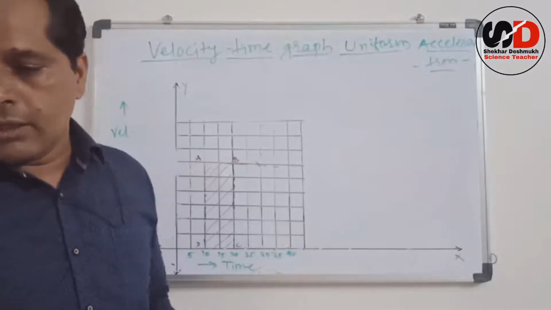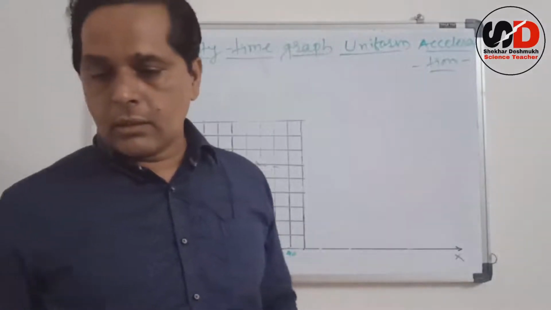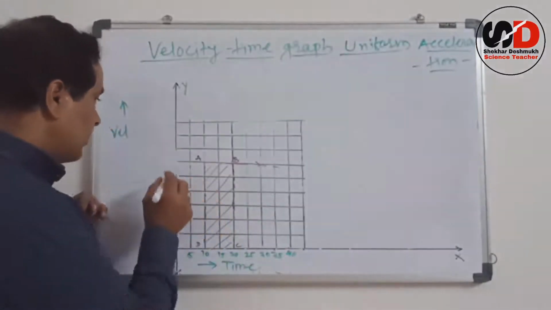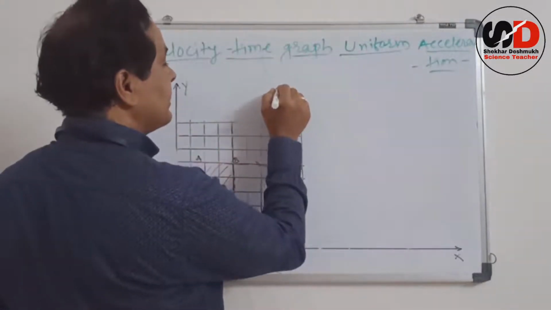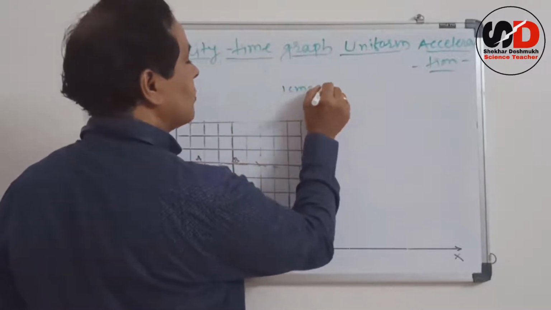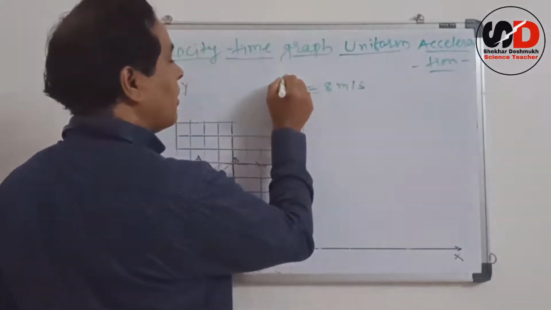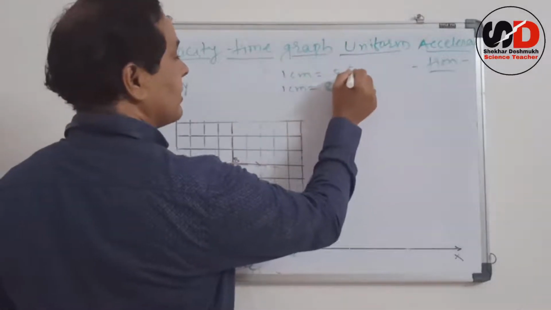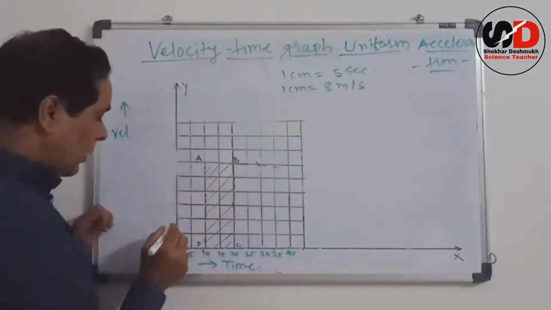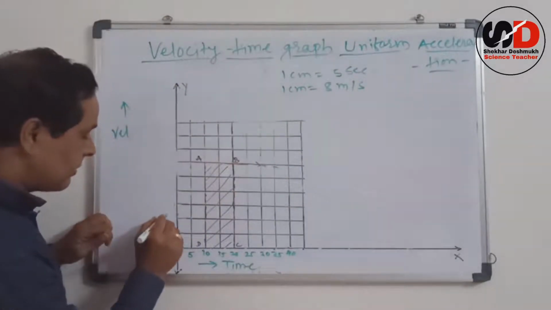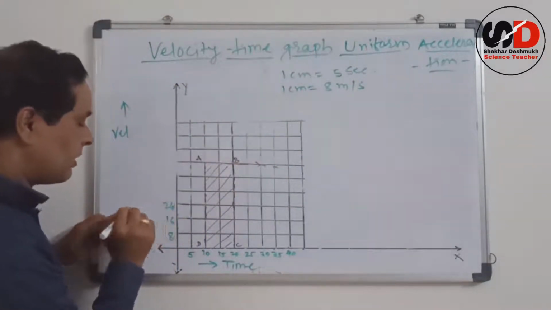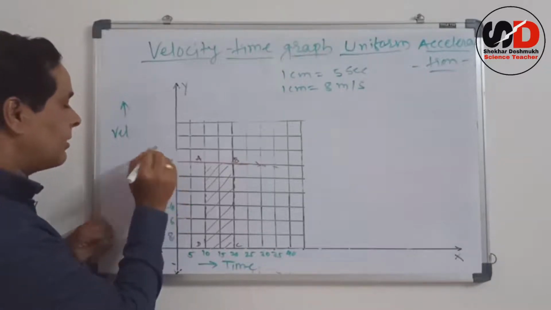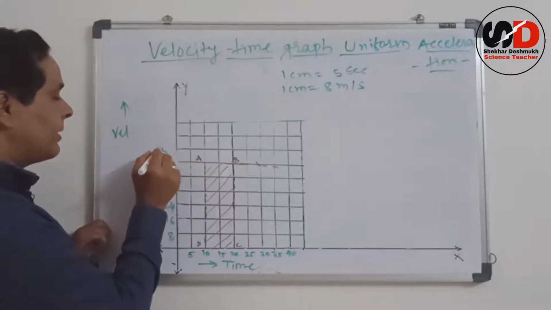The scale is given here as 8 meter per second. So on the y-axis 1 centimeter is equal to 8 meter per second. On the x-axis 1 centimeter is equal to 5 seconds. So write down the readings here: 8, 16, 24, 32, 40, 48 and 56.